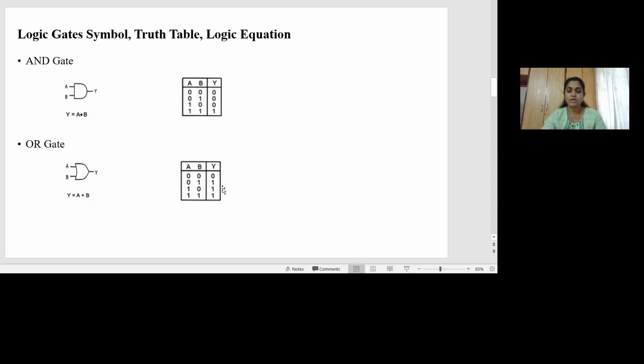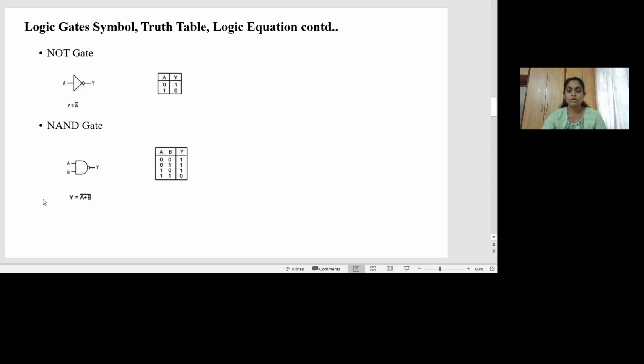For an OR gate, the output is 0 only when both the inputs are 0. And for the NOT gate, the output is exactly the complement of the input. Coming to the NAND gate, the NAND gate is a combination of AND and NOT gates.